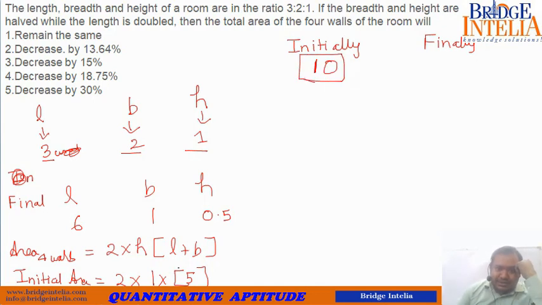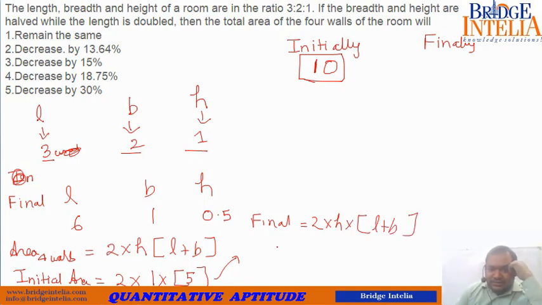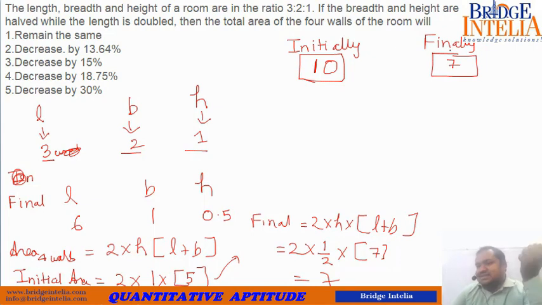Now what is final? 2 into final height 0.5, half, into length plus breadth, 6 plus 1 is 7. So this comes out to be 7. Initially the area of 4 walls was 10, whereas finally it is only 7. So you can see it has decreased. So percentage decrease.